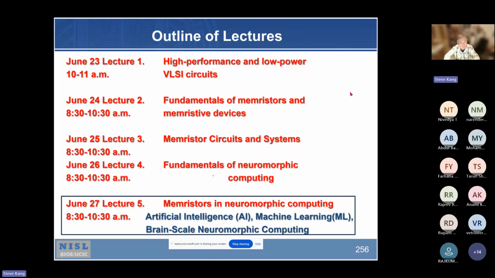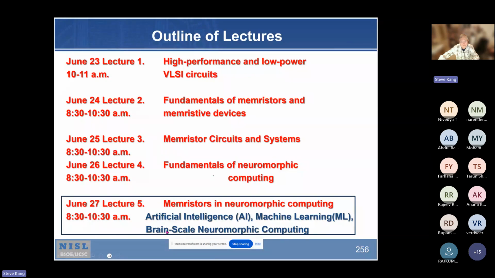Of memristors and memristive devices. Lecture 3 was memristor circuits and systems. Yesterday we talked about neuromorphic computing, its history, and what neuromorphic computing is about. Now we are ready for how to use memristors for neuromorphic computing, in particular for artificial intelligence and machine learning.